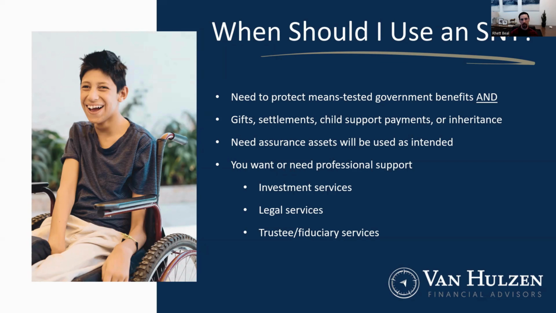We don't want to give the money directly to them because it can impact the income and resource limits that are making them eligible for the means-tested government benefits. That's where we want to open up a special needs trust and work with the attorney so that those child support payments are going directly to the trust, not to the individual. And lastly, inheritance, right? Those are a few examples.